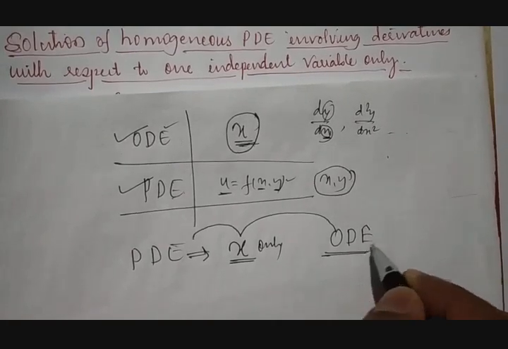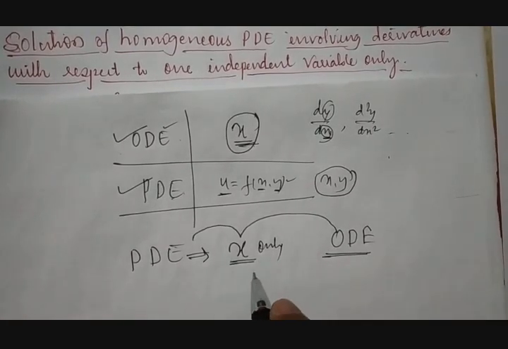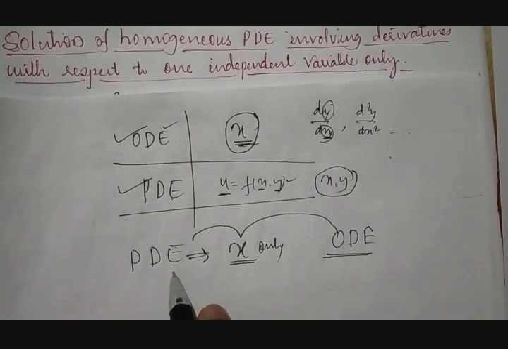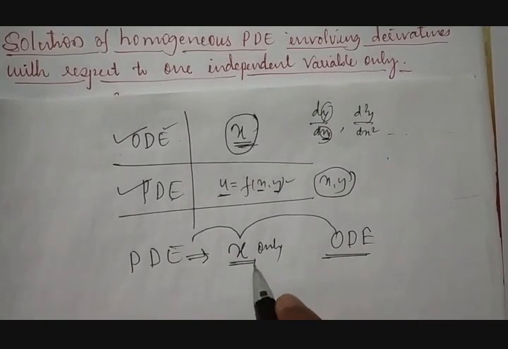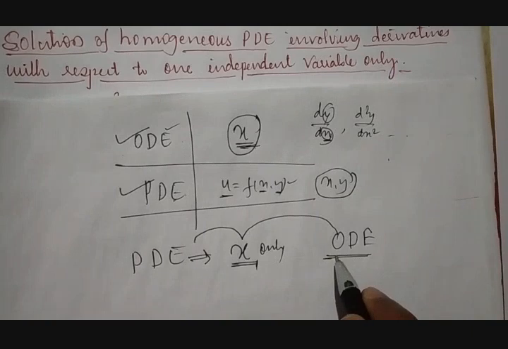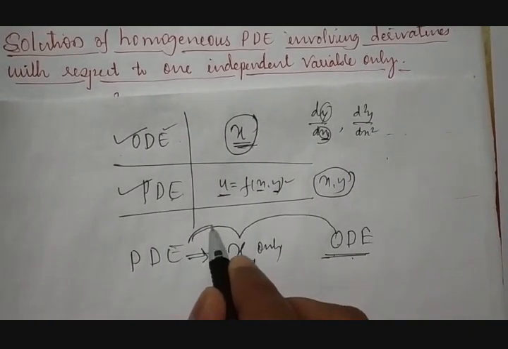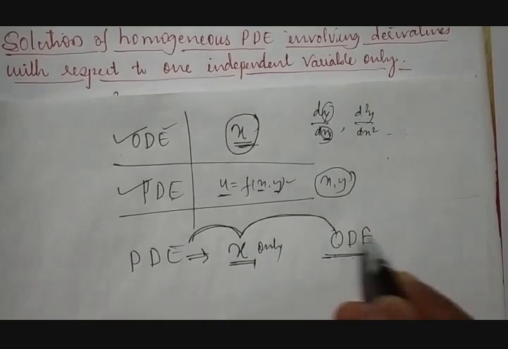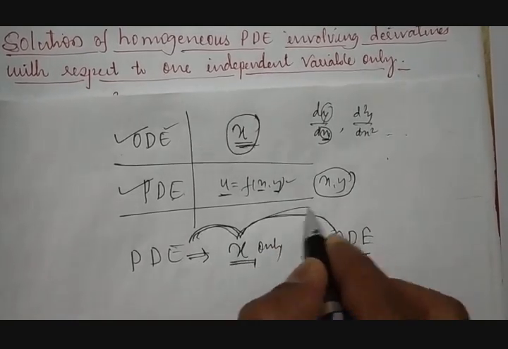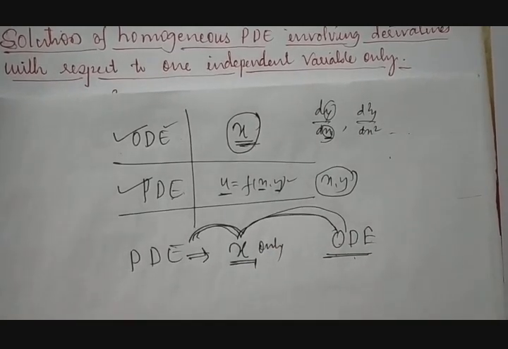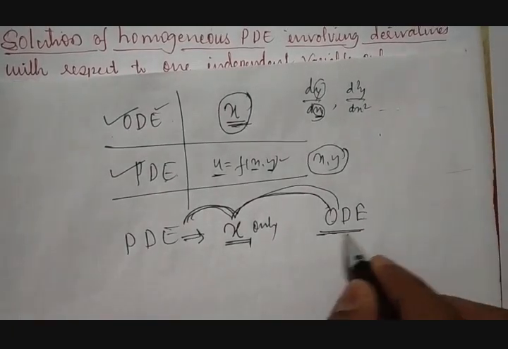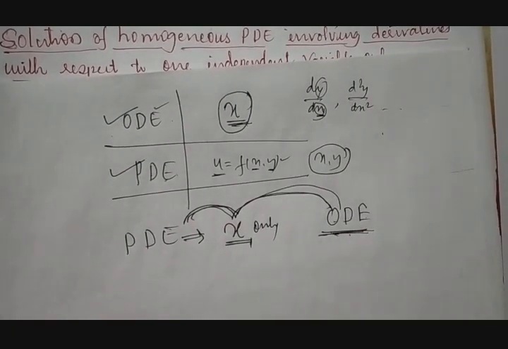Is it? Because it will be a partial differential equation by title, but where only one variable is available, it will be an ordinary differential equation. So it will convert from partial differential equation to ordinary differential equation. And we know how to solve this ordinary differential equation with the previous knowledge which we have studied.